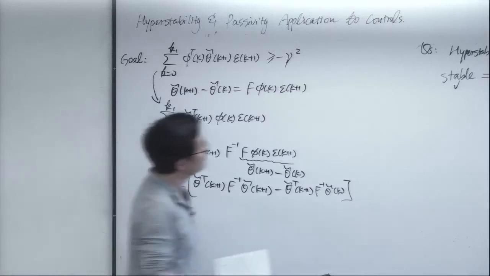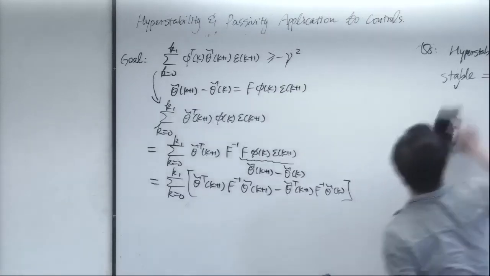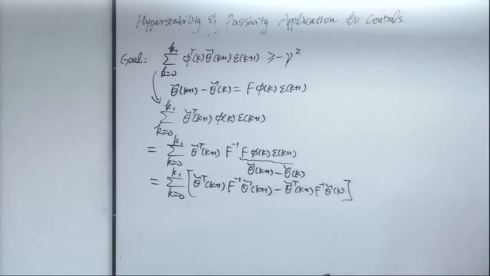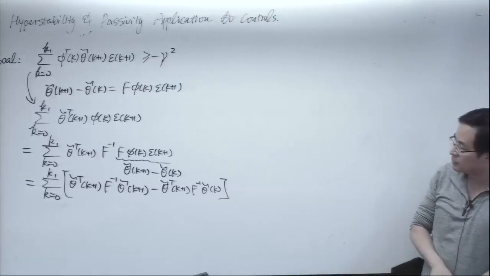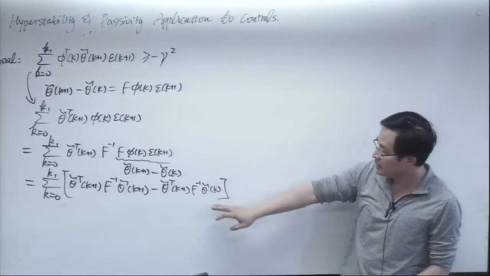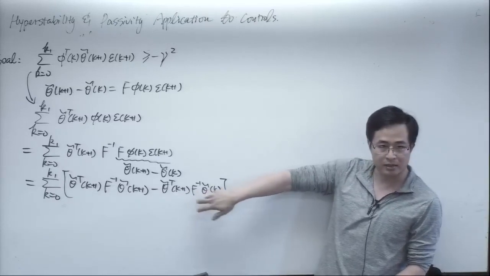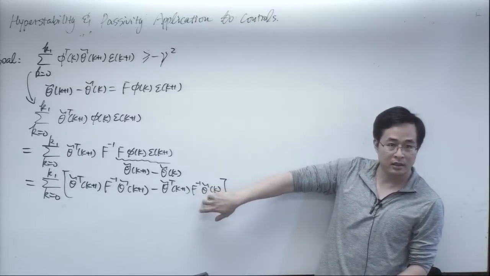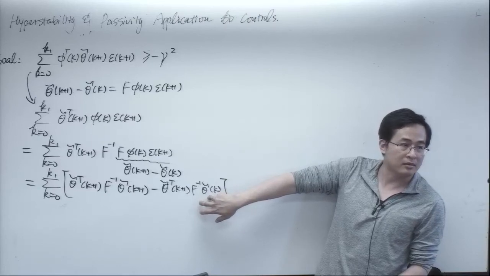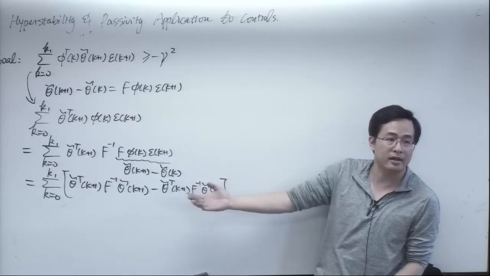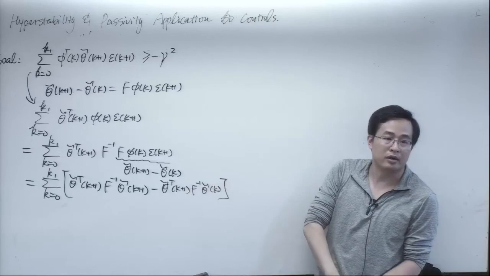Okay. This is another general trick or general rule of thumb. When you see cross product between two vectors, you can think about something related to creating a square term.